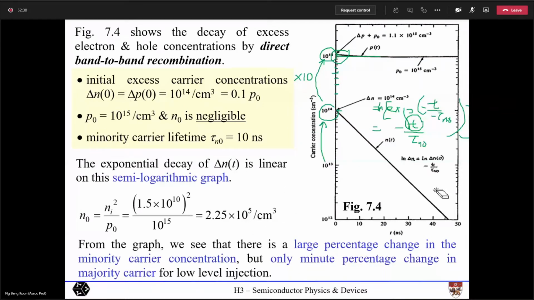For the majority carrier, the excess carrier will not make up a very big percentage of it, whereas in the case of the minority carrier, the excess carrier contributes significantly. It actually makes up a very, very big fraction of the minority carrier.